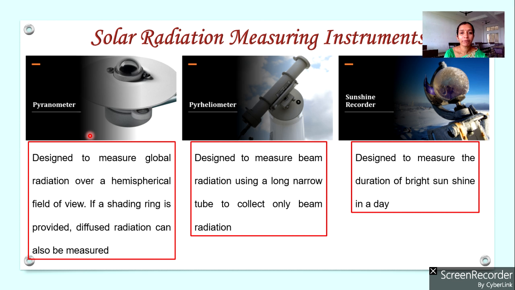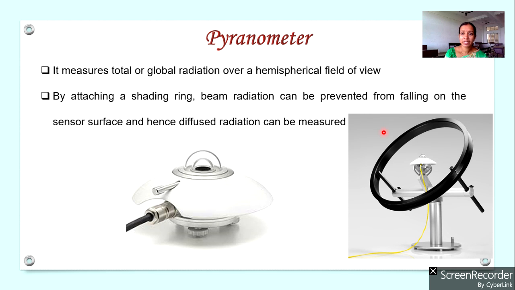So now we have to study each of these instruments in detail. First let us see the pyranometer. A pyranometer, as we have already said, is used for measuring global radiation over a hemispherical field of view. It has a hemispherical glass cover on which solar radiation is falling from all the directions.